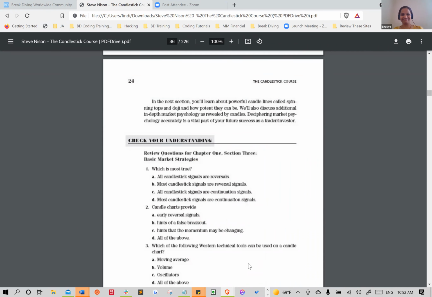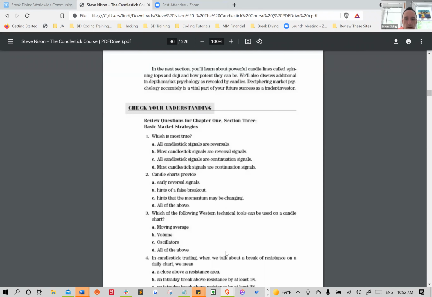Okay, which is most true? Not A. Most standard signals are reversible. I think it's B. Most are reversal signals. Correct. I agree.